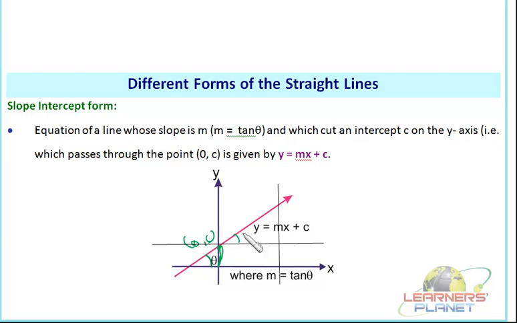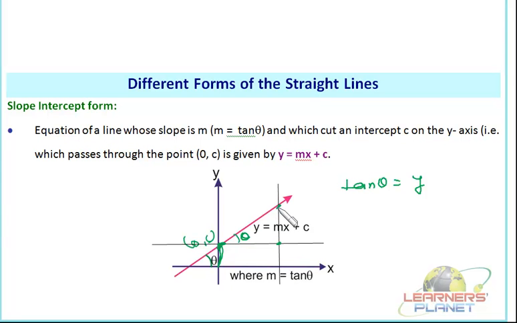If this angle is theta, this will also be theta. So according to the previous calculation, tan theta is what? Perpendicular by base. So for this triangle, perpendicular is what? This length. The total length is y. This length is c, because this length is c.